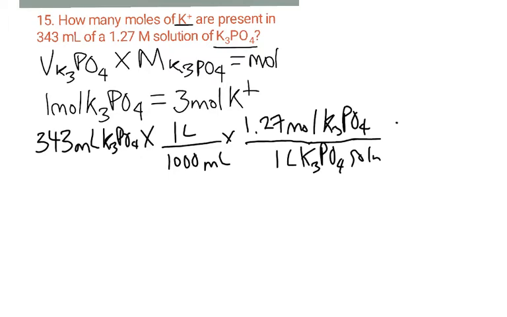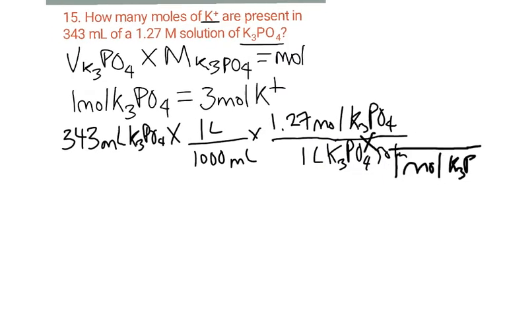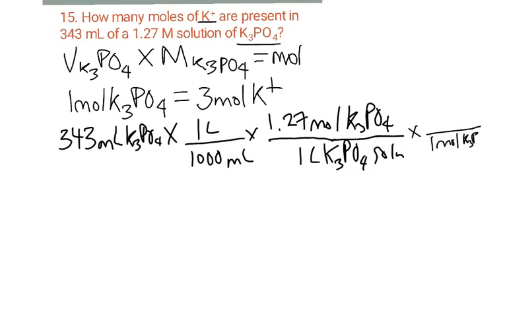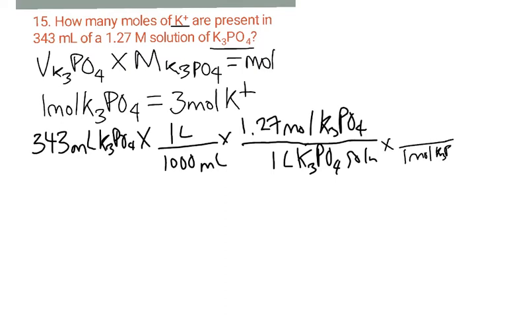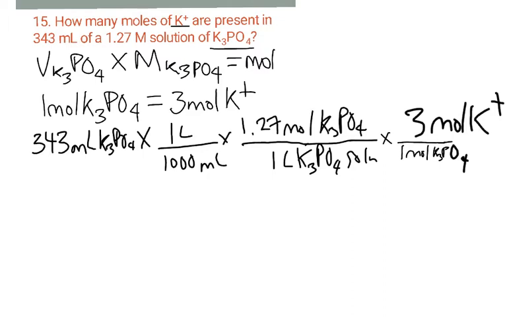Alright, and then finally, for every 1 mole of potassium phosphate, you have 3 moles of potassium ions.